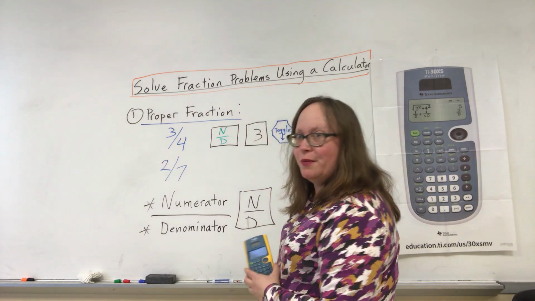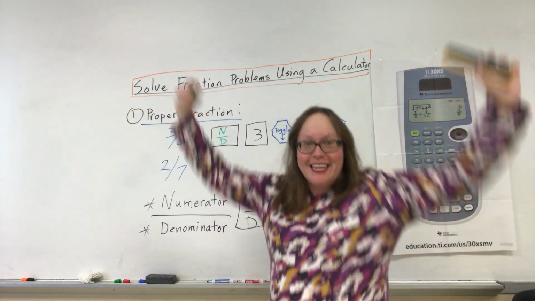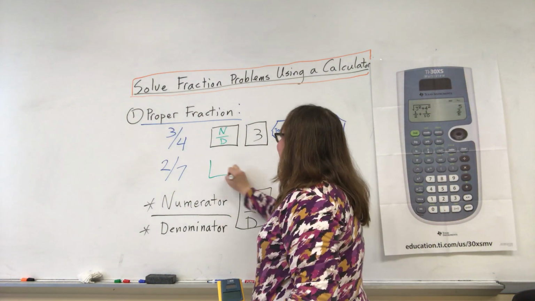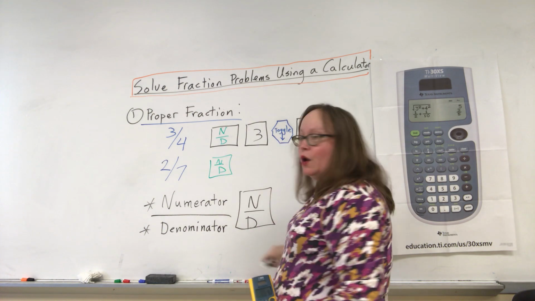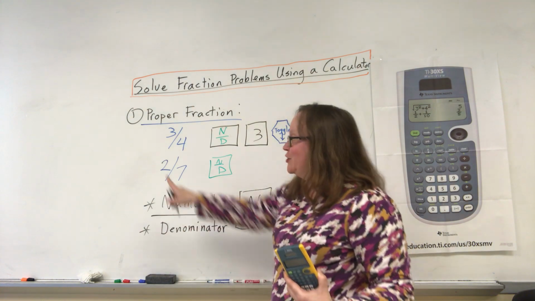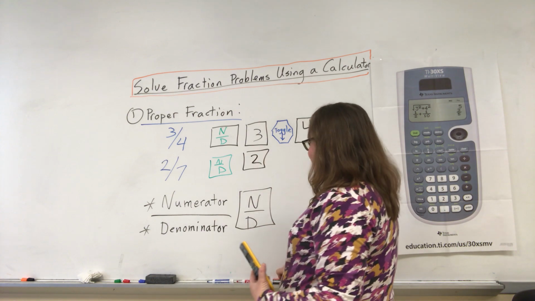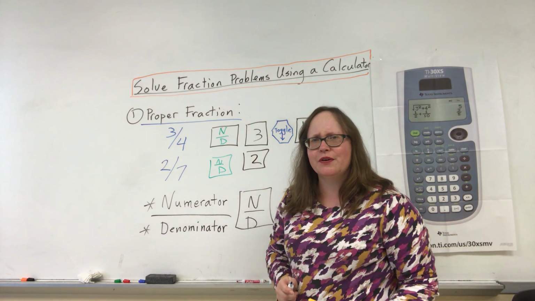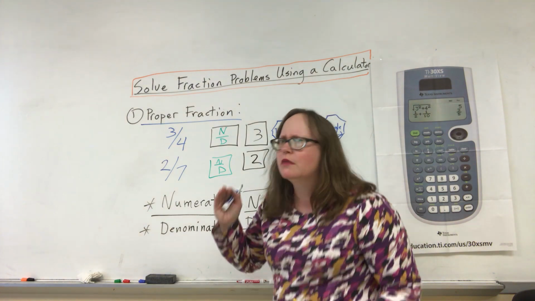What's my first step? Press N over D. Yes. What's my following step? Put in 2. Awesome. Now what do I do? Toggle. Toggle up, down, left, right.